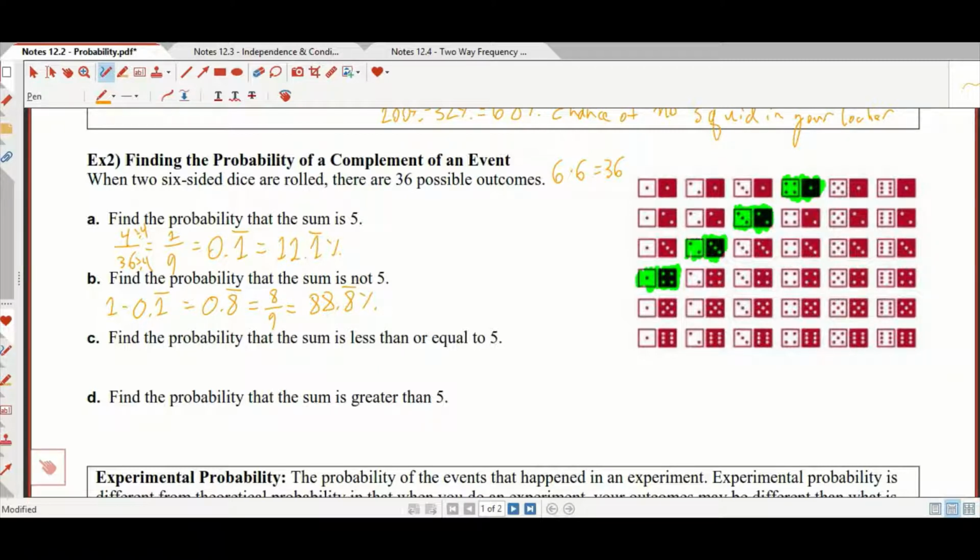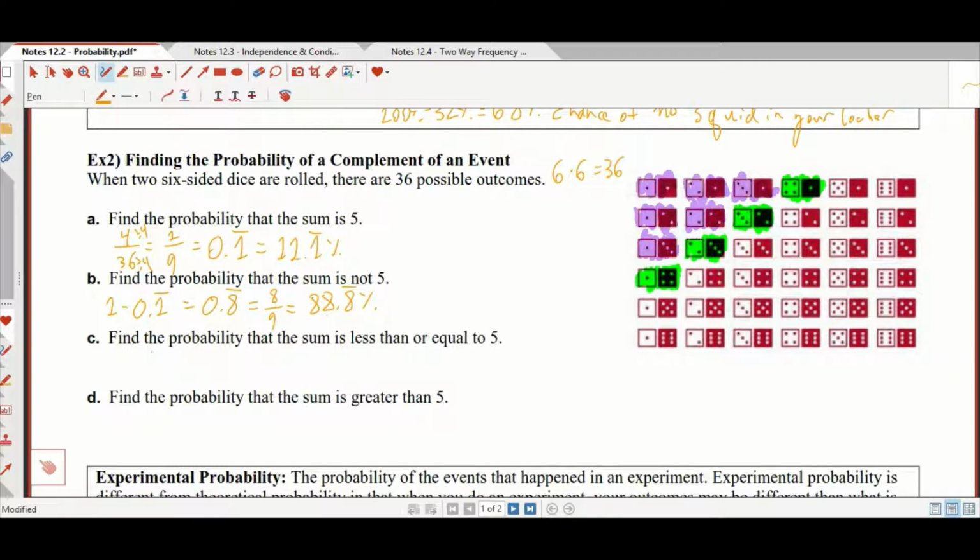Find the probability that the sum is less than or equal to 5. So that's going to be true of all these too. Let me get a different color out here, because these sums will be 4, 4, 4, 3, 3, 2, which means this whole block here is what I'm interested in. I regret making those decisions. Okay, which is 1, 2, 3, 4, 5, 6, 7, 8, 9, 10.